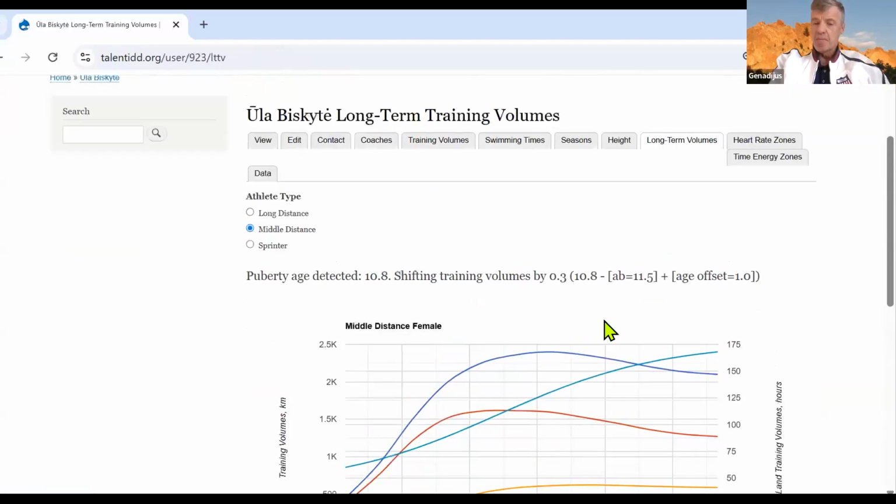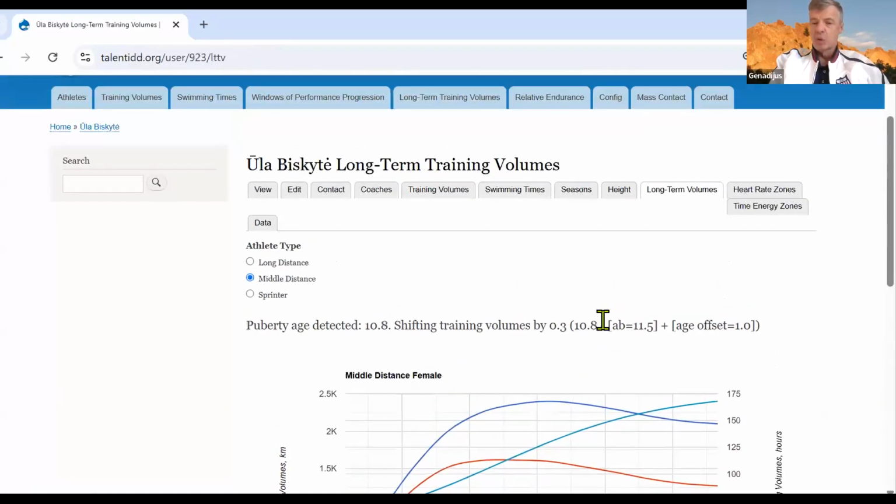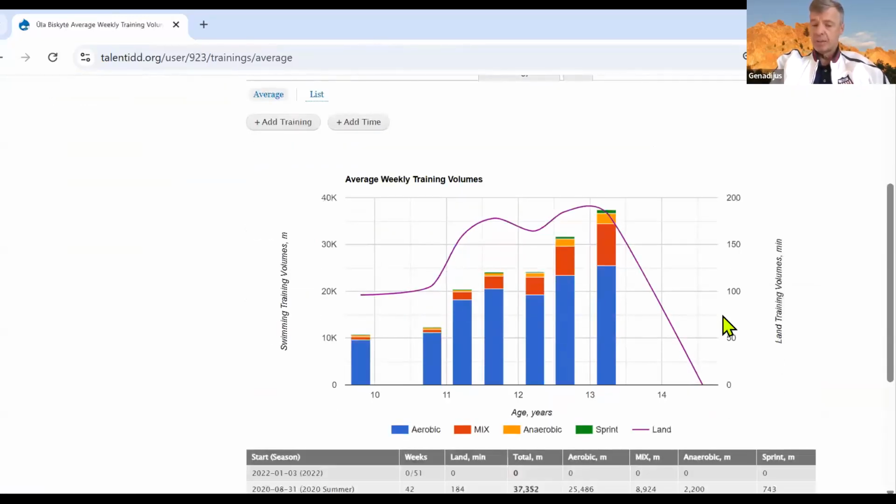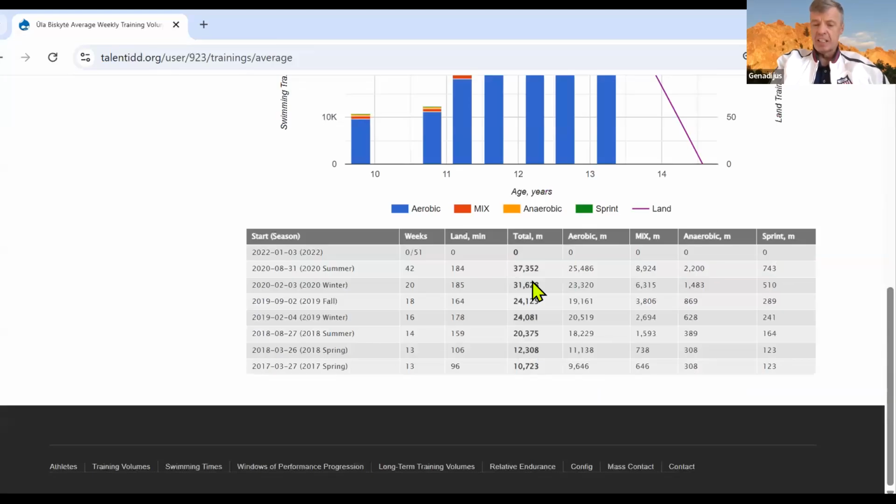And you can change that based on the age of swimmers as well. So training volumes for the swimmers every week over here, like weekly averages, a summarizing graph. And you can go inside the seasons and see how much she was training every season.